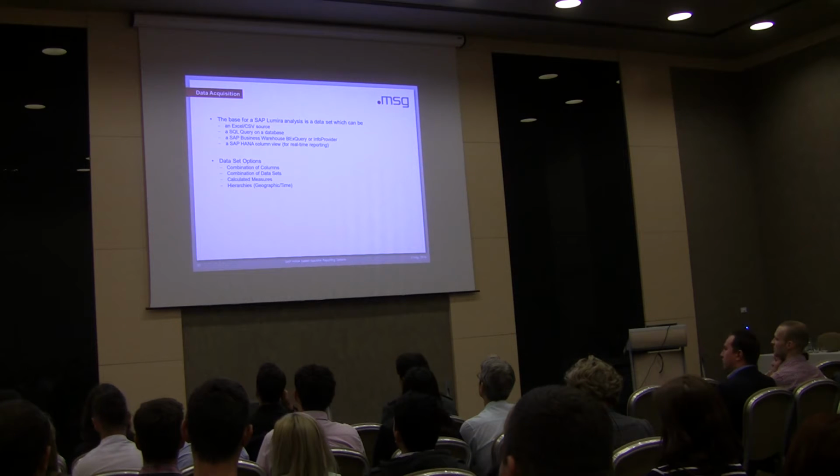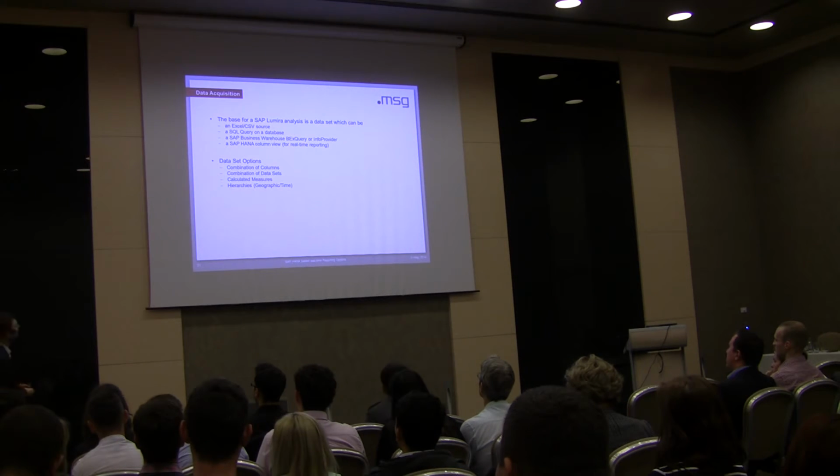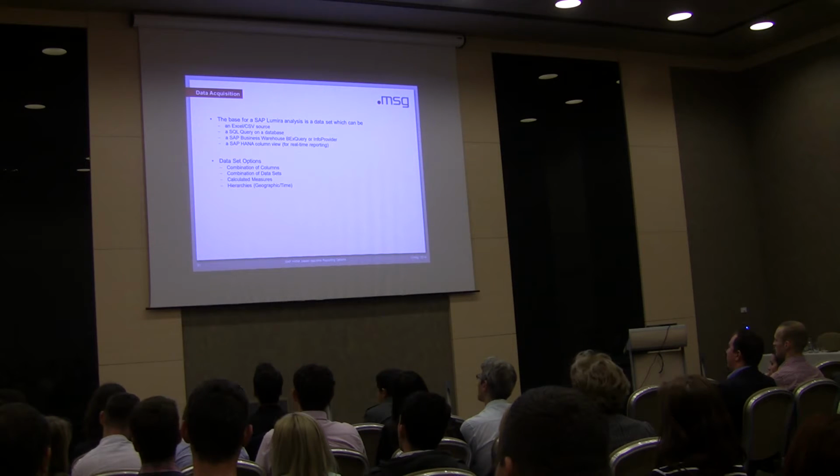Within SAP Lumira, it is not recommended to do additional things, because all additional things which are done on the client side take some time. So some benefit can be lost which you achieved by SAP HANA. But there are some dataset options available. You can, for example, combine different columns.